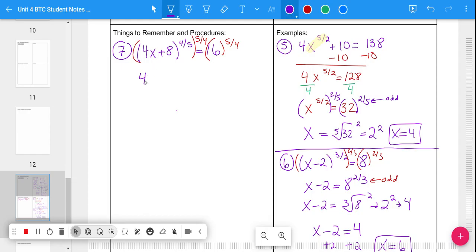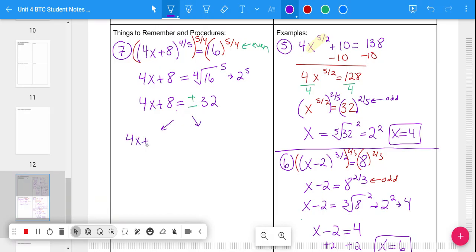So on this side, I'm going to be left with 4x plus 8 equals. Now I'm going to have the 4th root of 16 to the 5th. So 4x plus 8 is going to equal, well, now I have an even root. So I know my answer is going to include plus or minus. The 4th root of 16 is 2. 2 to the 5th is 32.